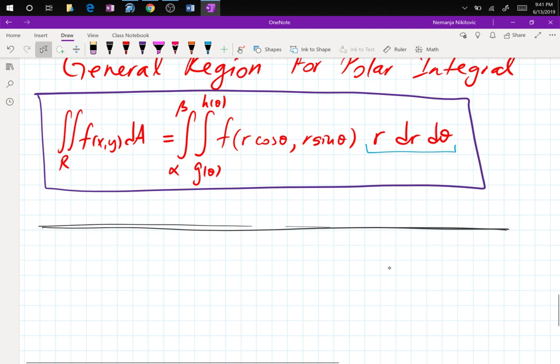So you have region R equals, let's say that the cookies are 4-inch. So r equals 4 cosine 2 theta.